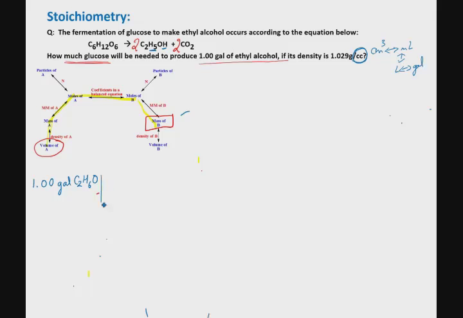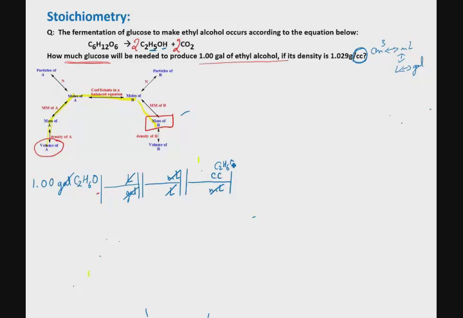In other words, first you need to convert gallons to liters. Liters then get converted to mLs, and mLs would have to be converted to cc, which is centimeter cube. Now this is cc's of C2H6O, just to keep it straight.